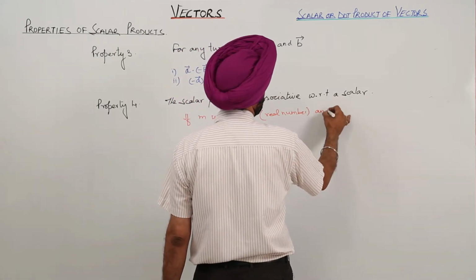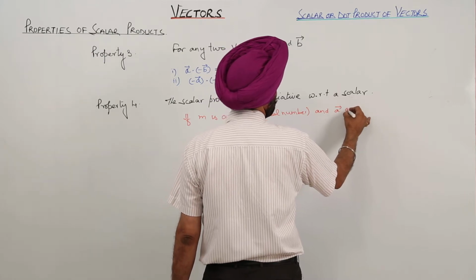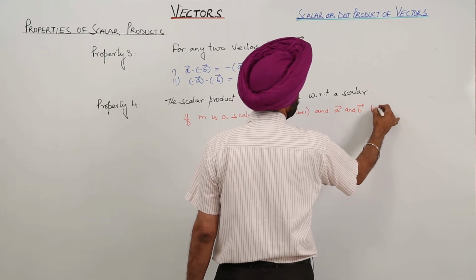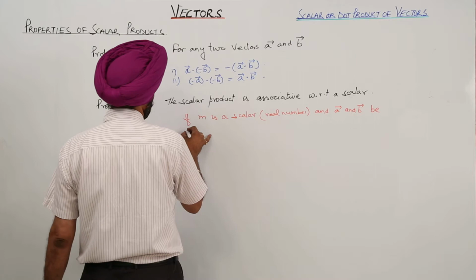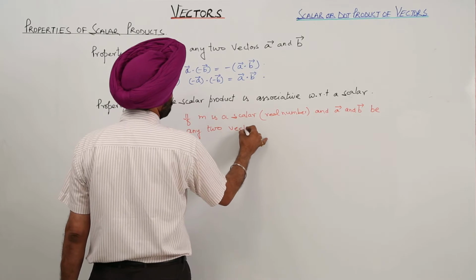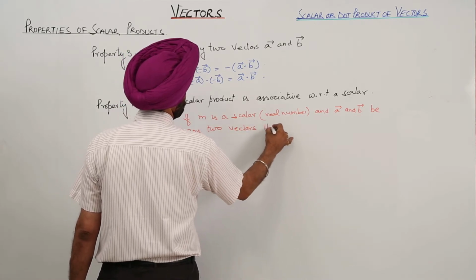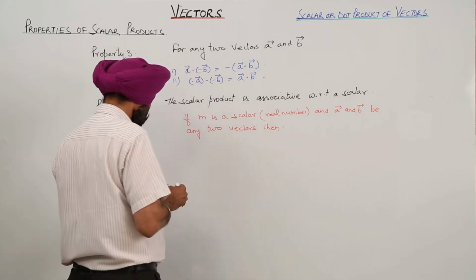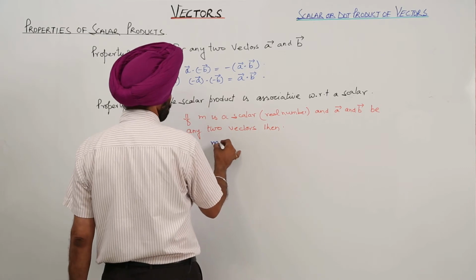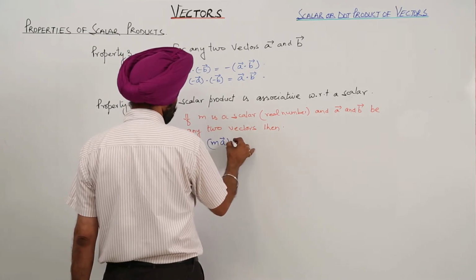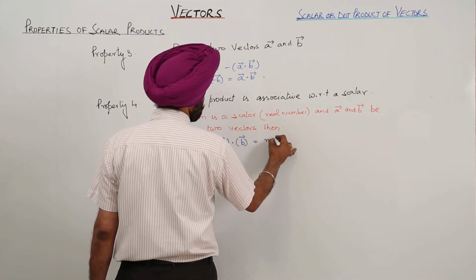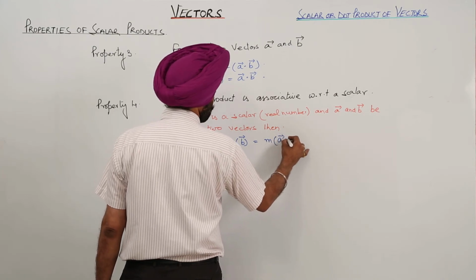And vector A and vector B any two vectors, then what we can write it, M vector A dot vector B, this will be written as M times vector A dot vector B.